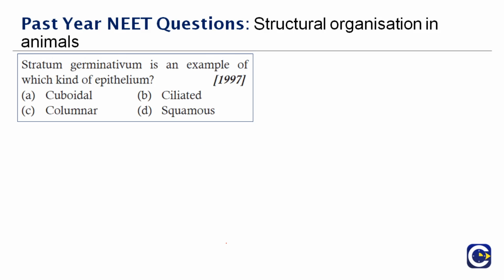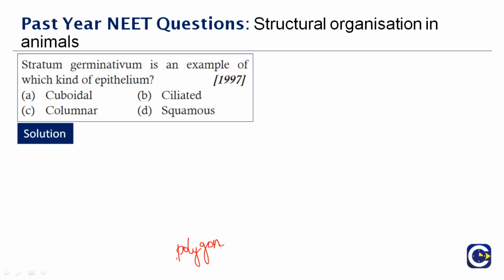Next question here. Stratum germinativum is an example of what kind of epithelium? You have cuboidal, ciliated, squamous, columnar. The simple cuboidal epithelium consists of a single layer of discoidal and polygonal cells.